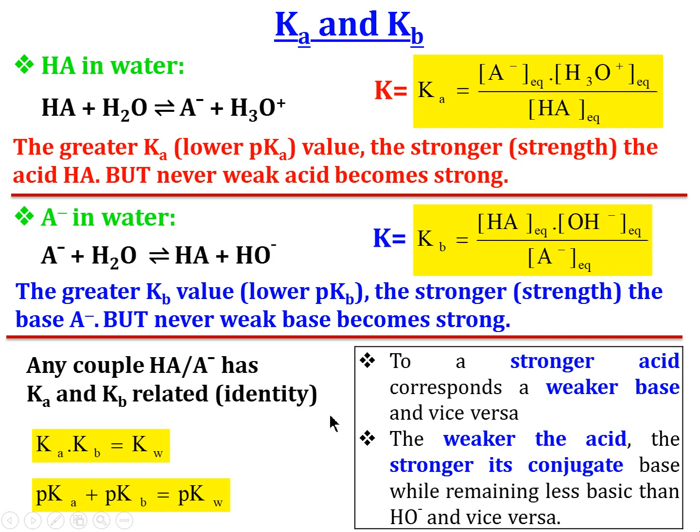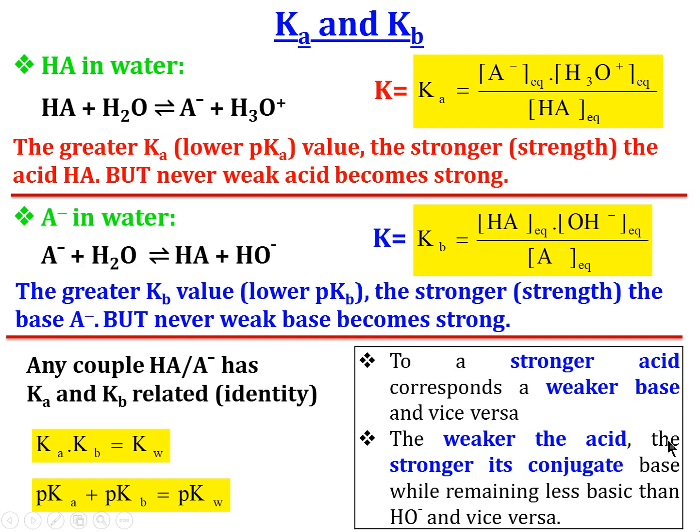To a stronger acid corresponds a weaker base. That means if you consider a couple HA/A minus, as HA is a stronger acid, its conjugate base is a weaker base, and vice versa.